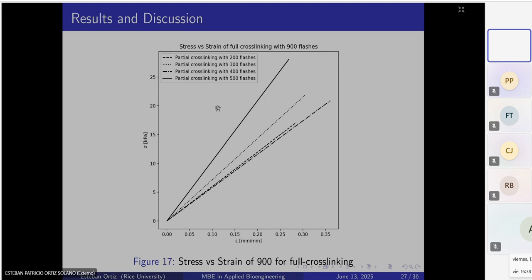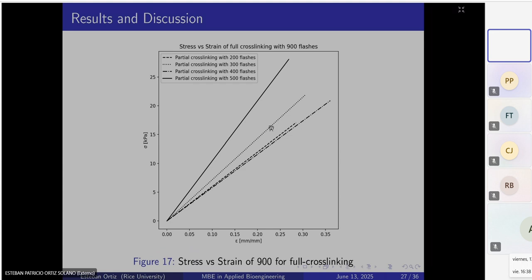I want to highlight that if you increase so much the UV light, you can see that there is no huge change between the lines. What I am telling you is that you cannot just apply so much energy to the hydrogel.